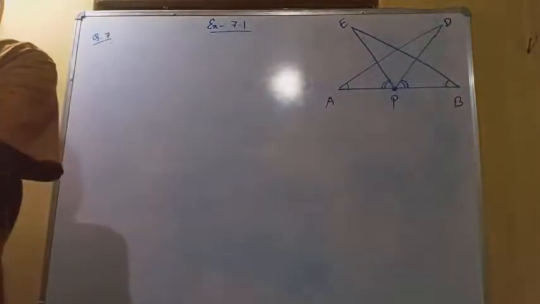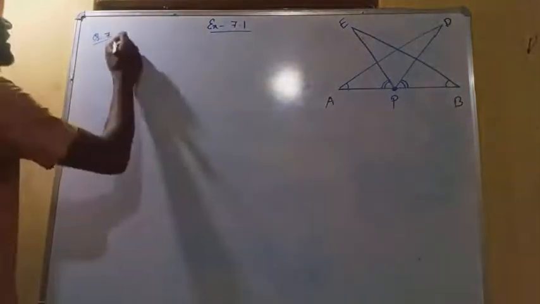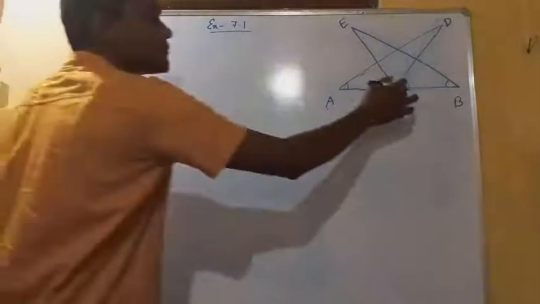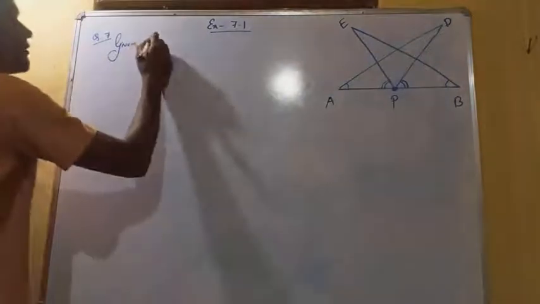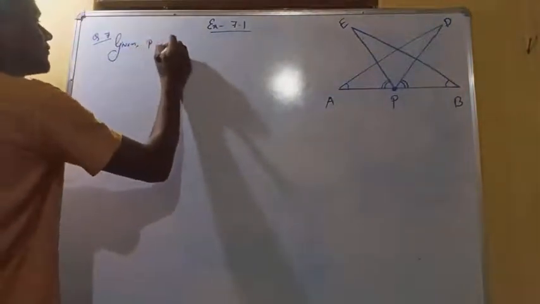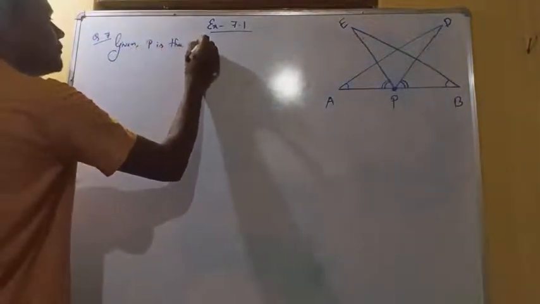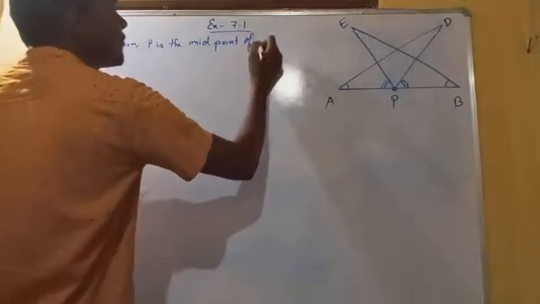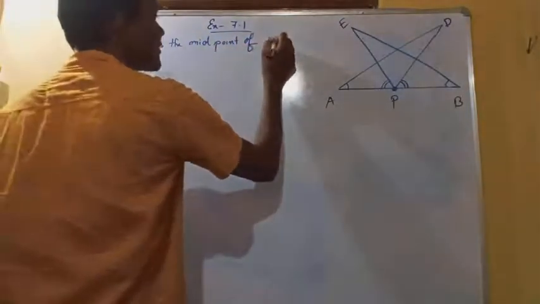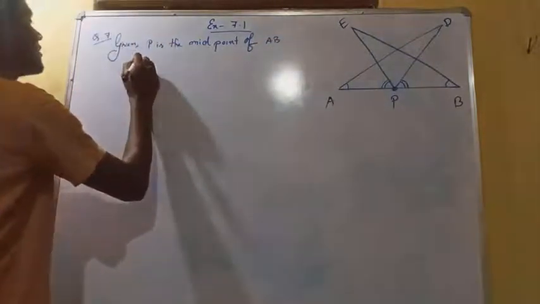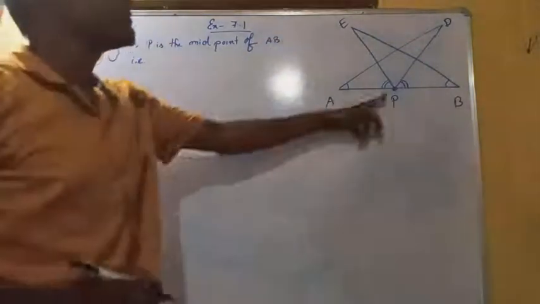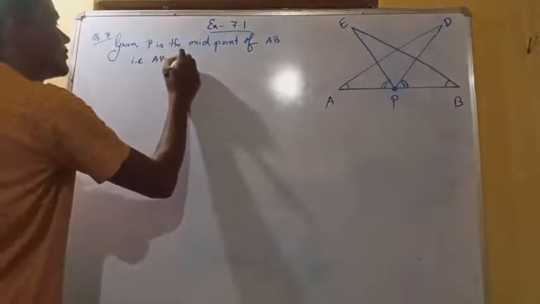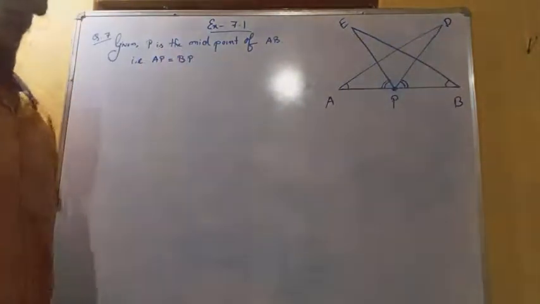So directly I can write in the given part that P is the midpoint of AB. The meaning of this is, if P is the midpoint of AB, that is AP is equal to BP. That is the very first thing that is given.